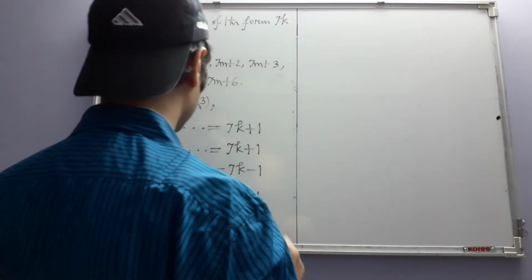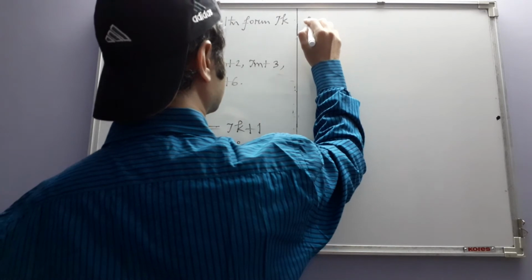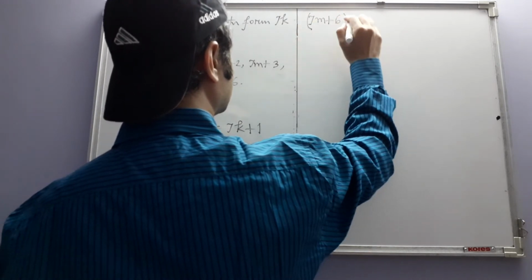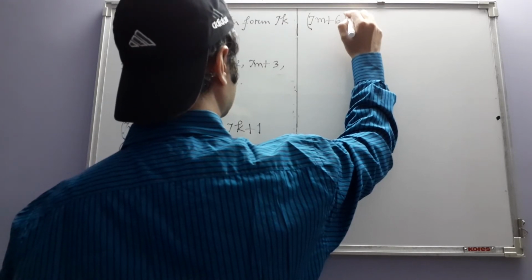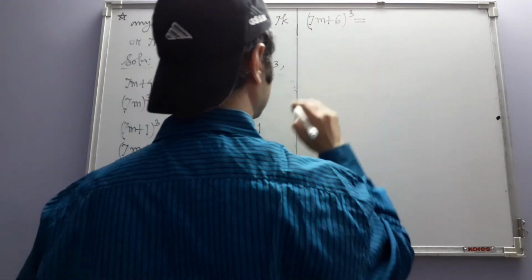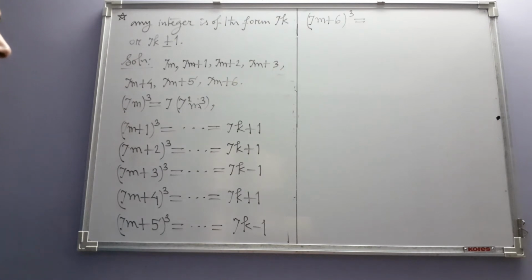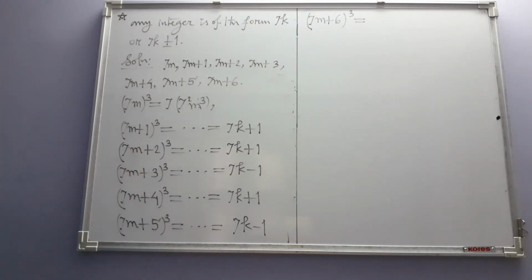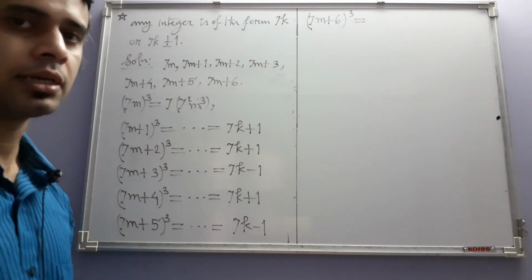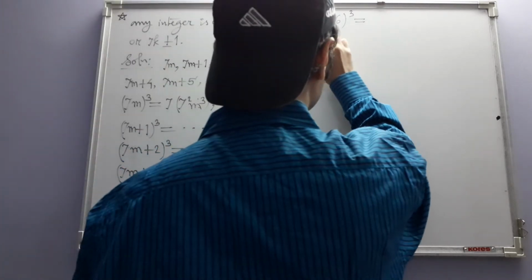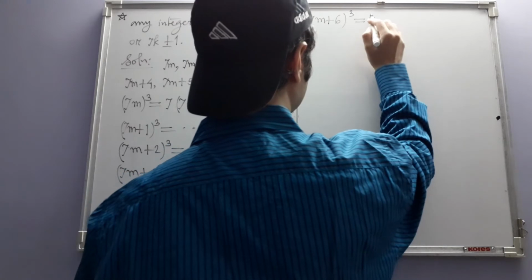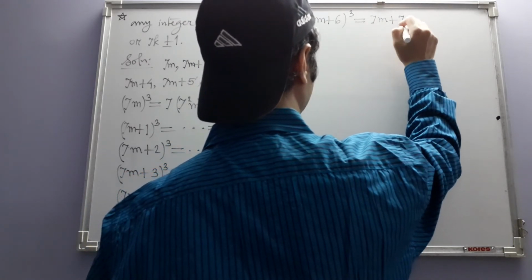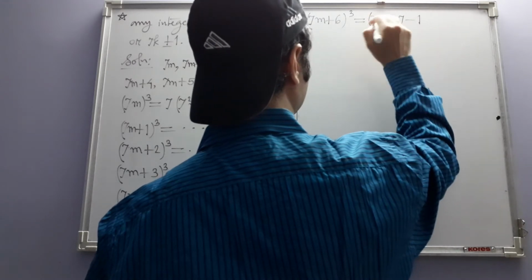And then finally 7m plus 6 whole cube. Here one can in fact apply a slightly different trick to minimize the calculation. Instead of working with this, one can also observe that 6 can be written as 7 minus 1.